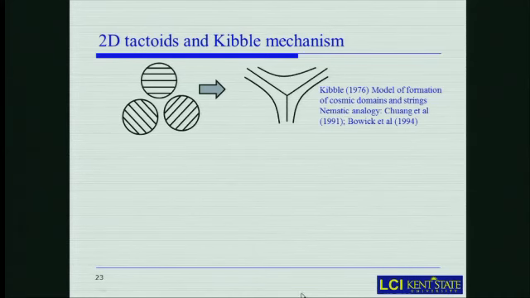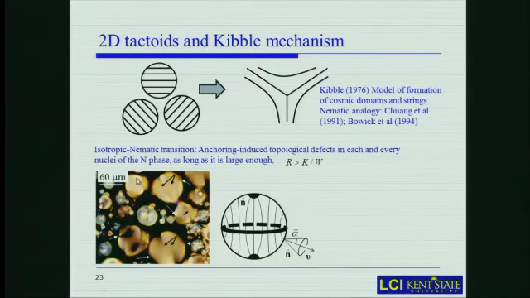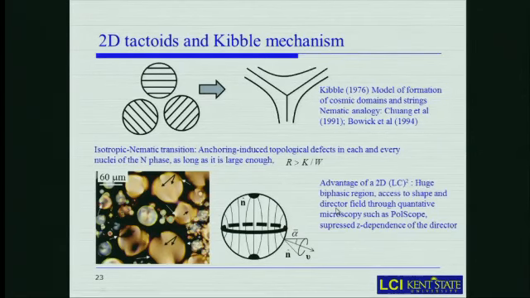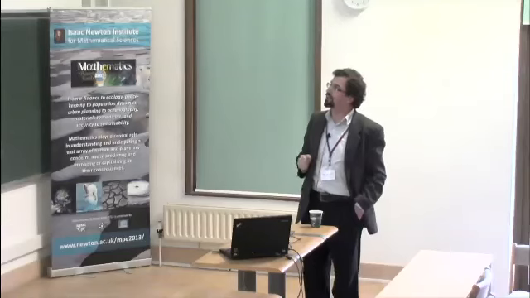And again, as I said, in liquid crystals, in principle, you have a totally different mechanism associated with the surface anchoring that produces topological defects in each and every droplet. But it was still of interest to see how the two-dimensional lyotropic liquid crystal would behave from the point of view of the Kibble mechanism.